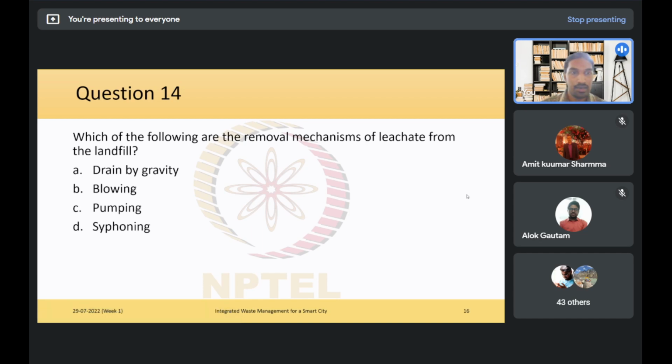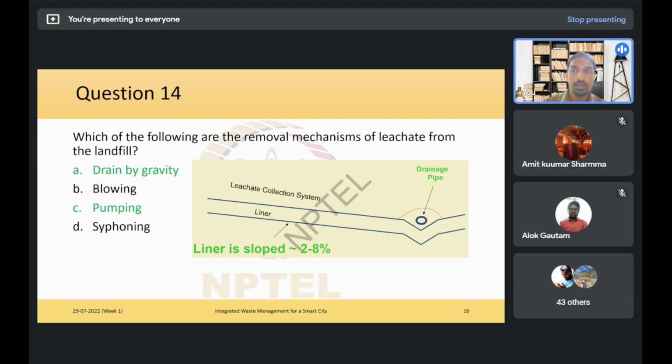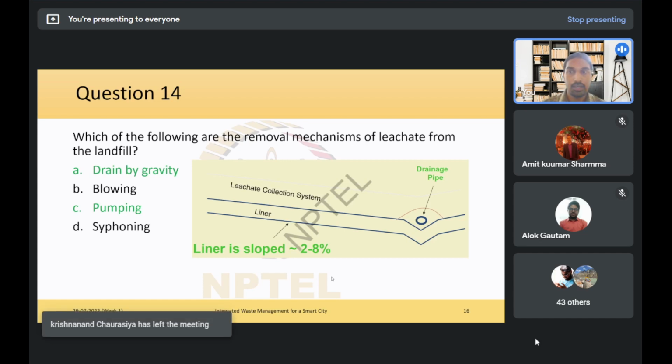Okay, any other answers from anyone? Okay, so the correct answers are only options A and C. It's both drain by gravity as well as pumping. So these are the two mechanisms that we use for removing the leachate.